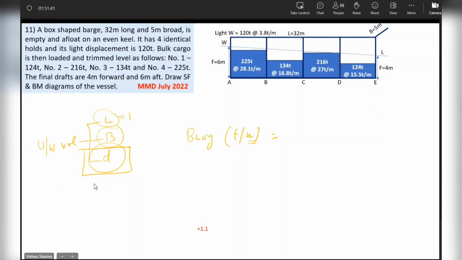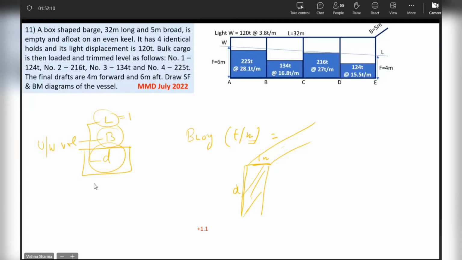Whatever is the volume of water displaced, the weight of that volume will give you the buoyancy per unit length at B. So the same draft at that point continuing for 1 meter length over the breadth, this will be the water displaced, and the weight of this water will be the buoyancy at that point. Have you understood better what I've said?